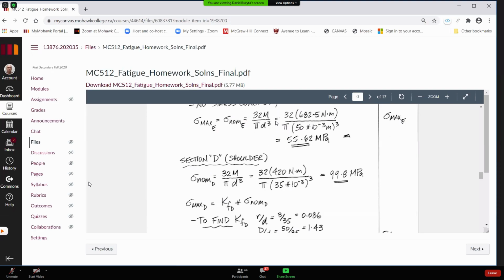Now, did I explain to you guys where this equation here came from, the 32M over pi d cubed? Not that I can remember. Okay.